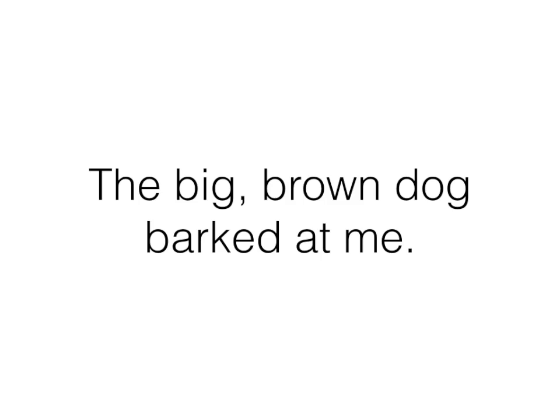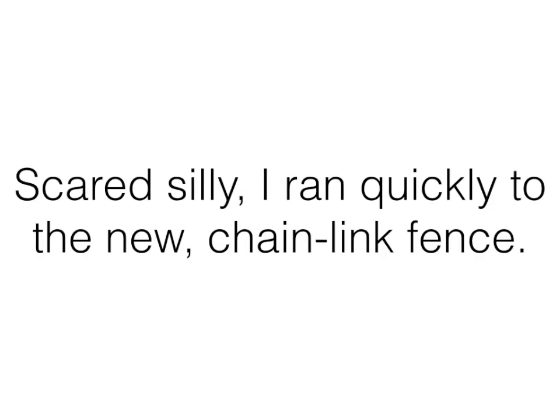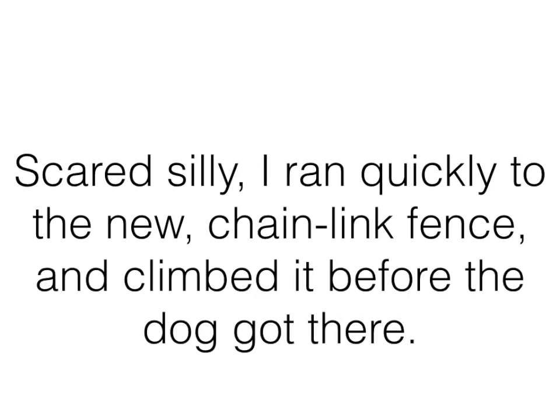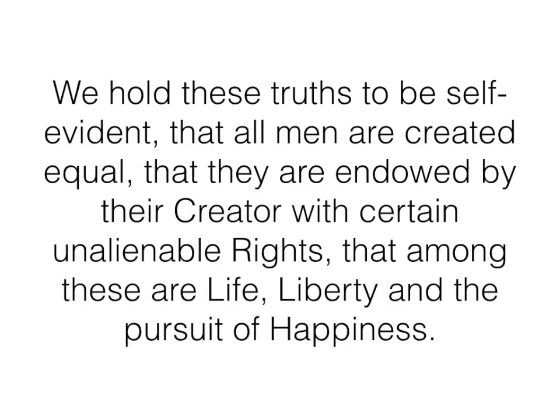Or, the big brown dog barked at me. Or, scared silly, I ran quickly to the new chain link fence. And then, thank goodness, climbed it before the dog got there. Or, we hold these truths to be self-evident, that all men are created equal, that they are endowed by their Creator with certain unalienable rights, that among these are life, liberty, and the pursuit of happiness.